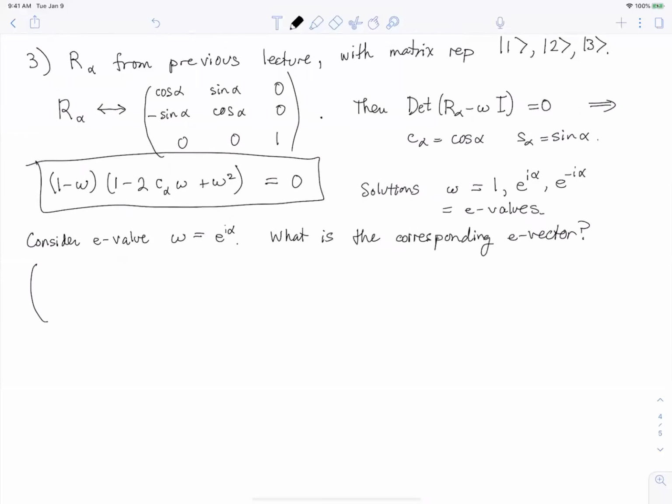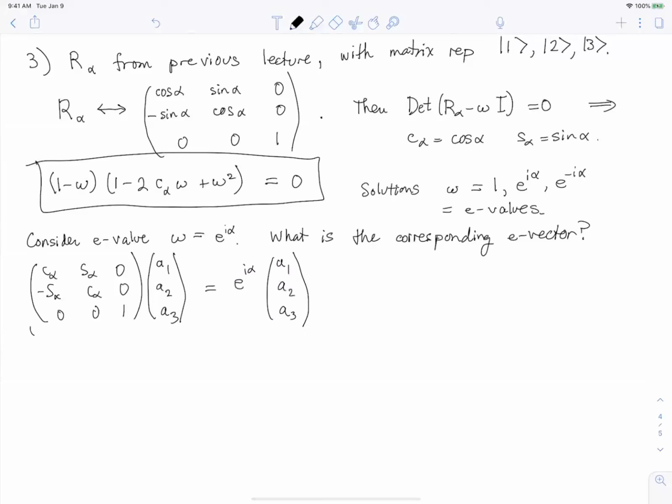So we write down c alpha, s alpha, 0, minus s alpha, c alpha, 0, 0, 0, 1. And I'm going to write down here the components of the vector I'm trying to find, and I'm going to call them A1, A2, A3 as variables because I don't know what they are. But this is supposed to be equal to the eigenvalue, e to the i alpha, times A1, A2, A3.